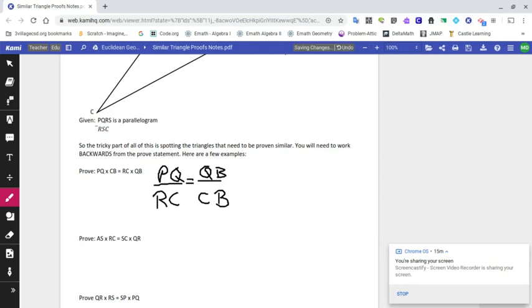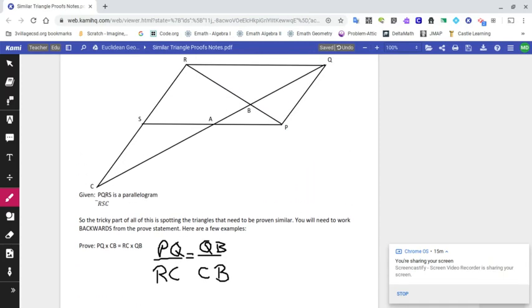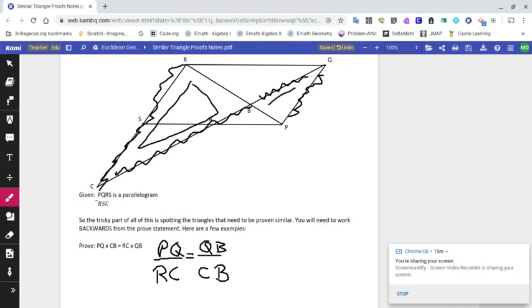So from this, I can see, PQ is this one, RC is this long one, and we have QB is here, and CB is here. So that tells me it's going to be these two triangles, this triangle and that triangle. I got to prove those two similar to each other.